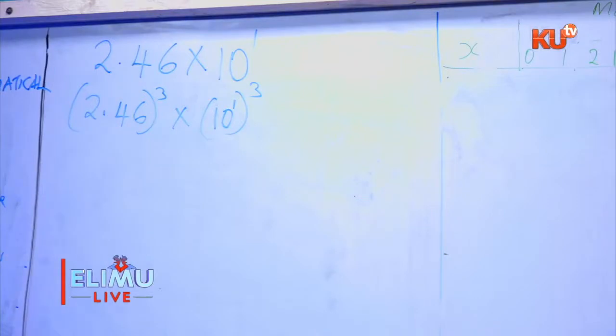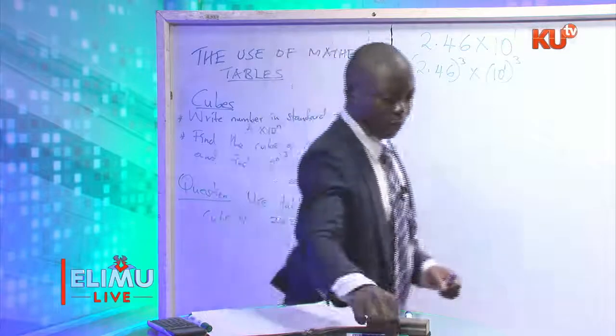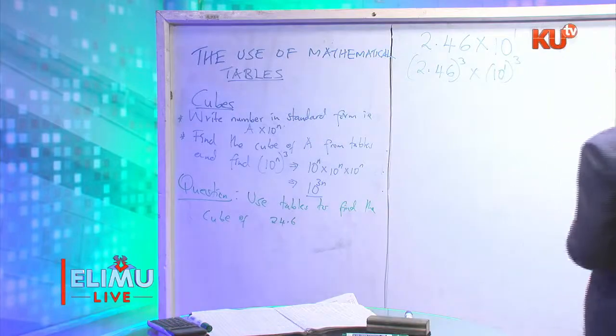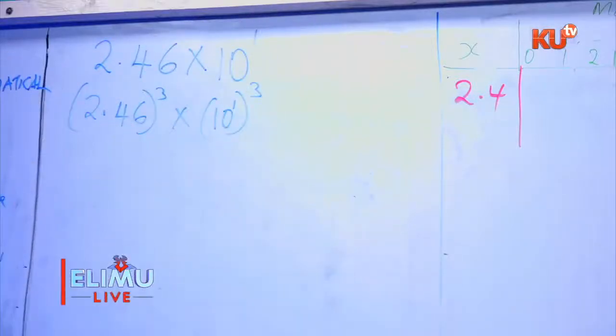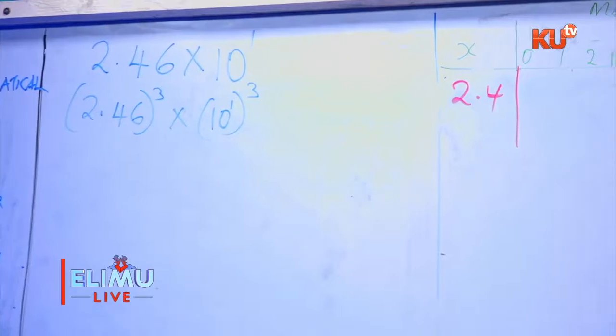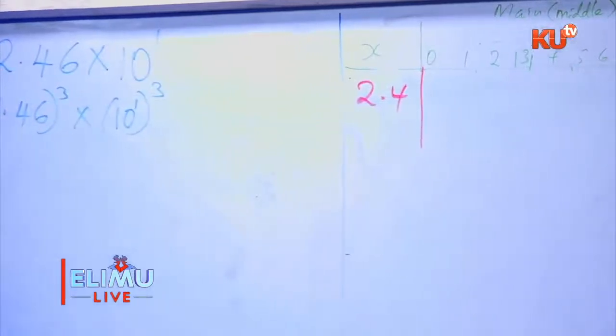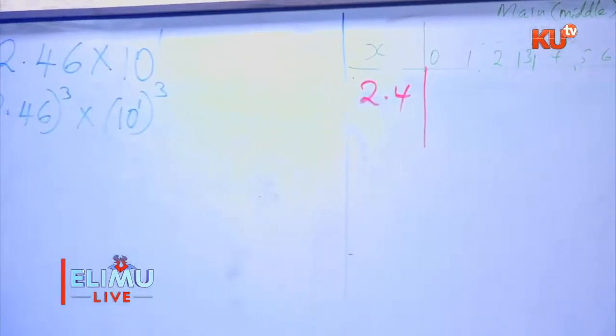So let's turn to our cubes column and identify 2.4. If you check your table, under X, identify 2.4 in the cubes and move across to where there is 6 in the third column.